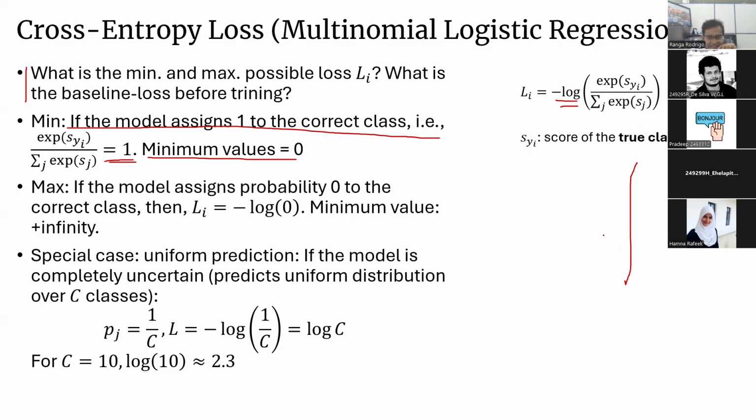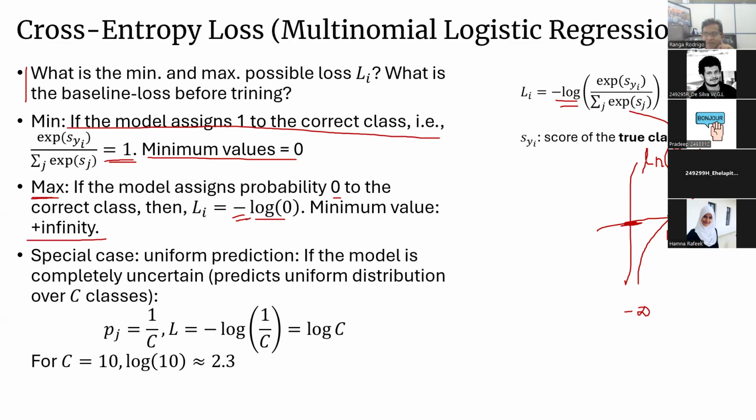Remember the log function is like this: ln of 1 is 1.0, so when it is 1, the value is 0. Maximum value: if the model assigns 0 to the correct class, then Li is negative log 0. So log 0 is minus infinity, and then you have the minus sign there, so it's infinity.